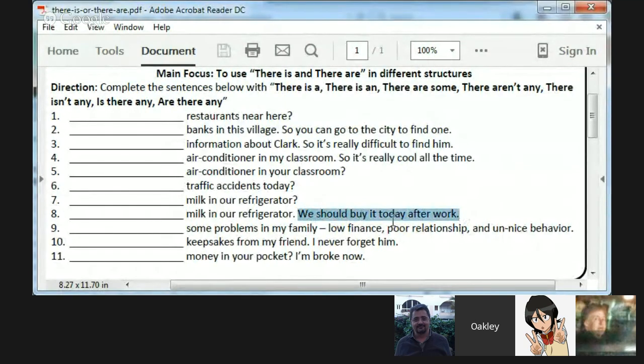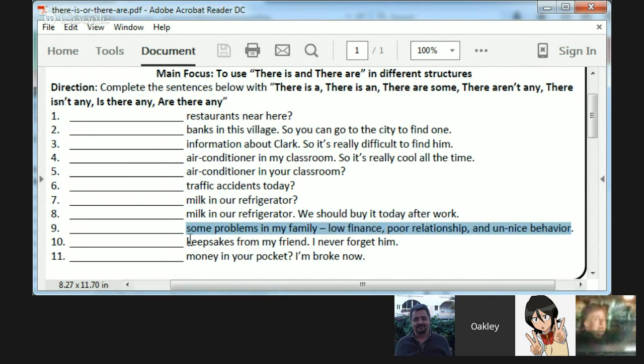We need to buy it. There is a milk. Okay, so the correct answer, there isn't any. There isn't any milk in our refrigerator. Yes, we shall buy. Okay. Therefore, or so, we should buy it. Today. Buy it. That's it.